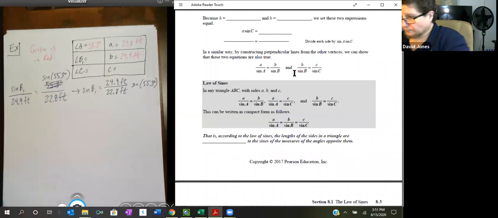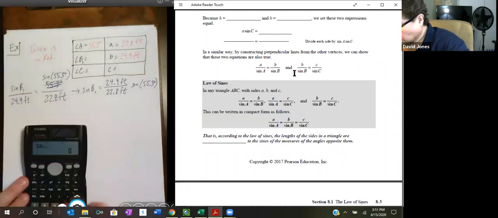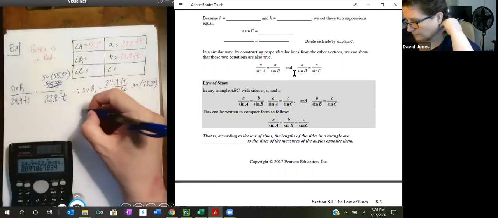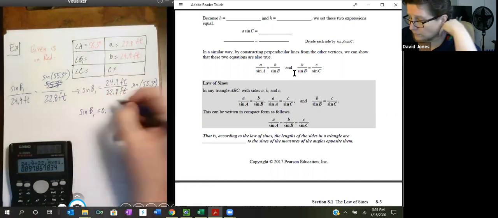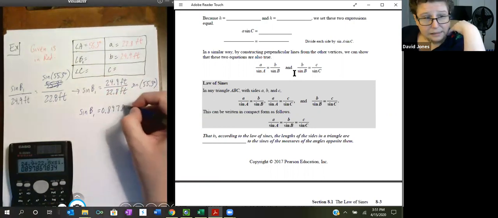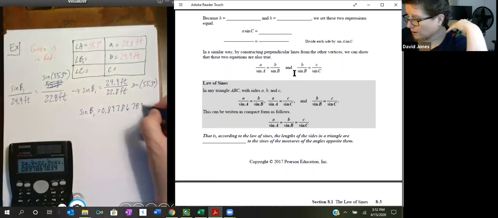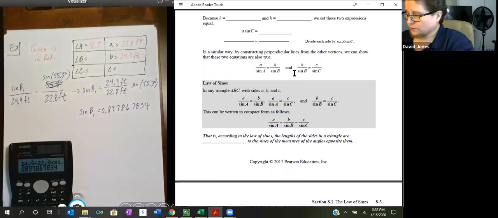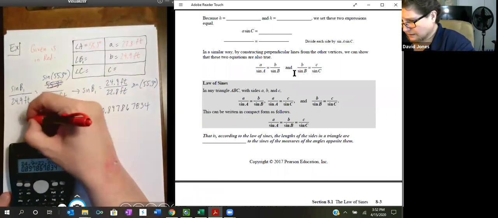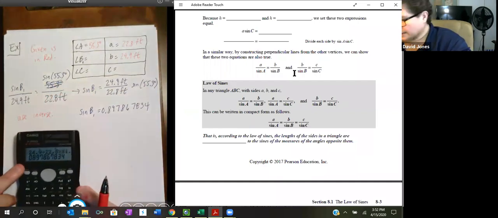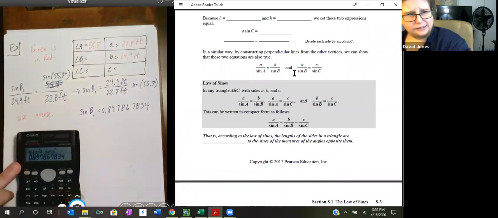What do we get? 0.8978678 and so on. So use the inverse. I'm going to say sine inverse of answer.